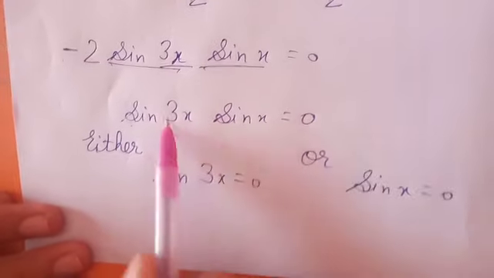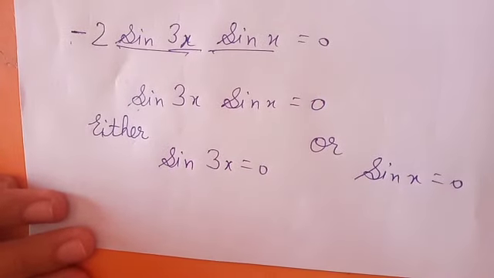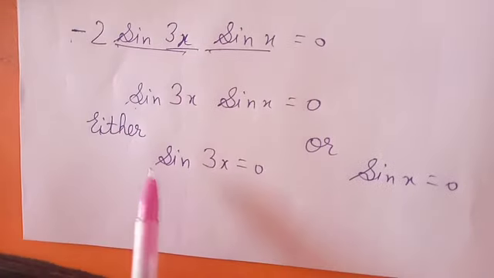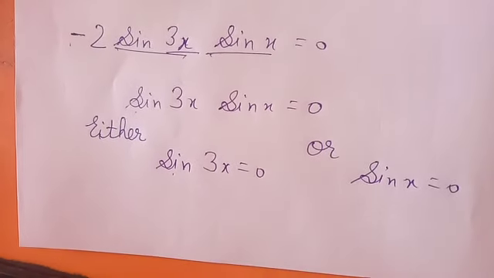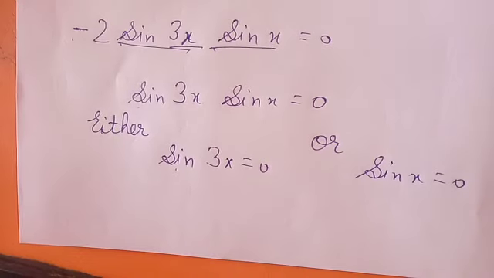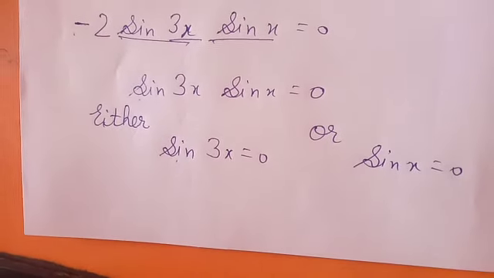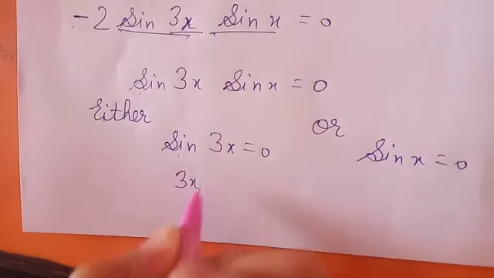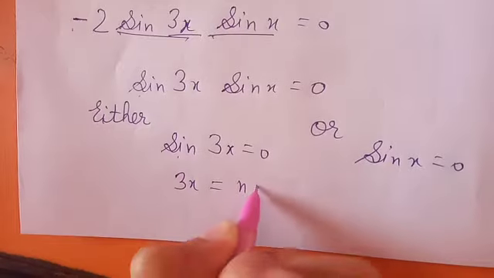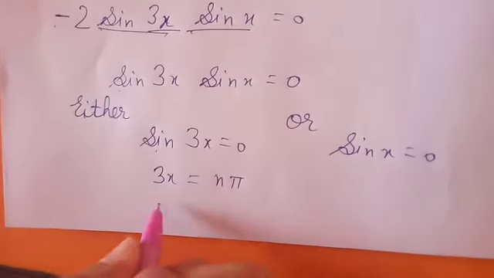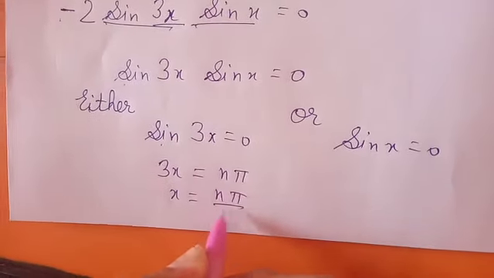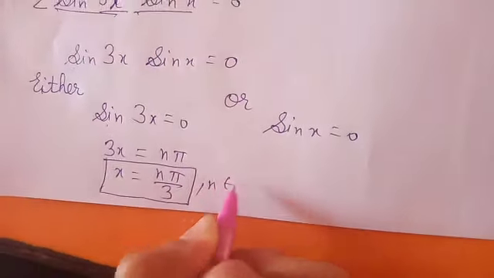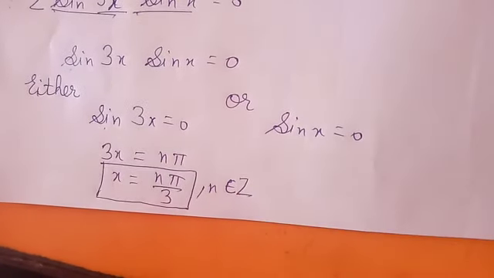If either one of them is 0, then the equation becomes 0, and if both are 0, then we have no problem. And at what angle is sine 0? That is at every n pi. N pi means at 0, pi, 2 pi, 3 pi. That means our 3x, that is our angle, is equal to n pi here, and so our x will be n pi by 3 for n belonging to integers.